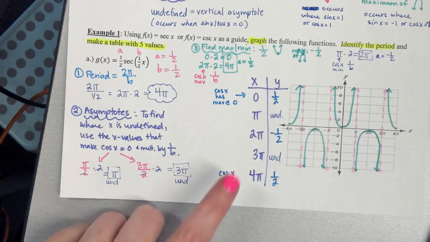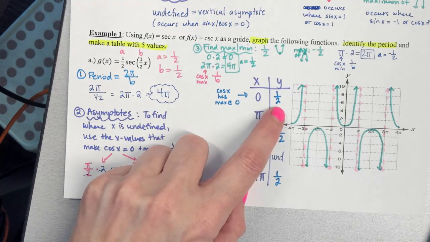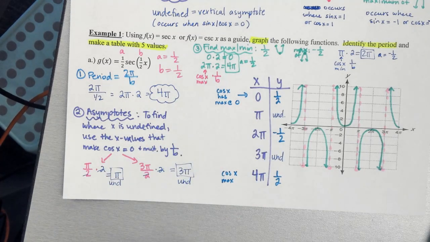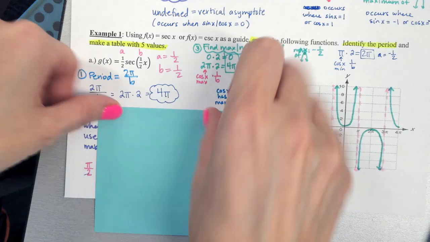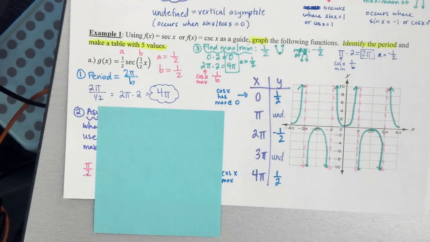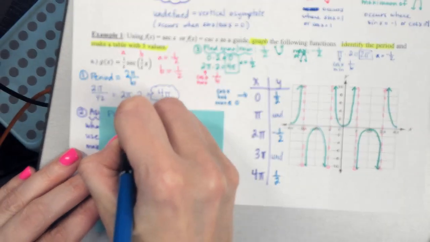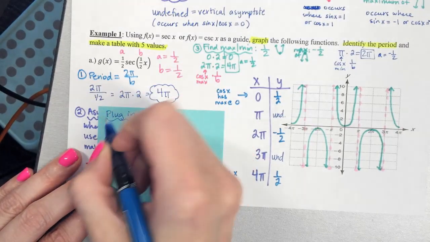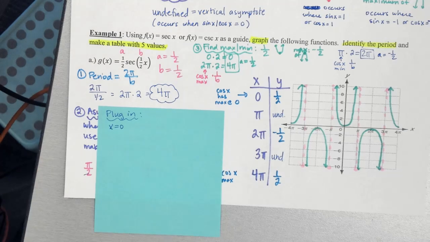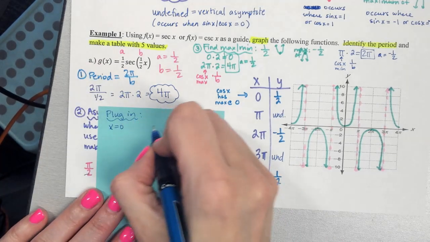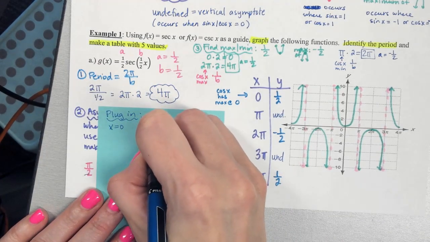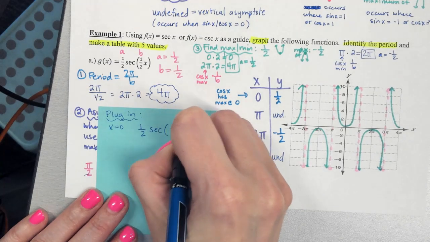Let's say you're unsure if this is 1/2 or negative 1/2. Another thing you can do, which is something I find helpful, is you can just plug in the values. So you can plug in that x is equal to 0. If you do that, then you have 1/2, the secant of 1/2 times 0.